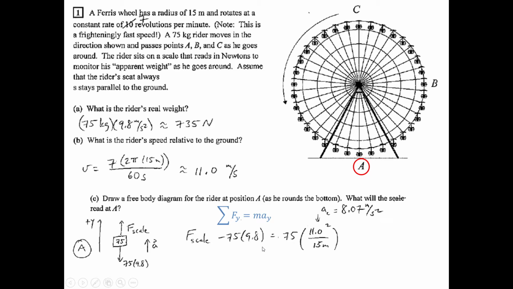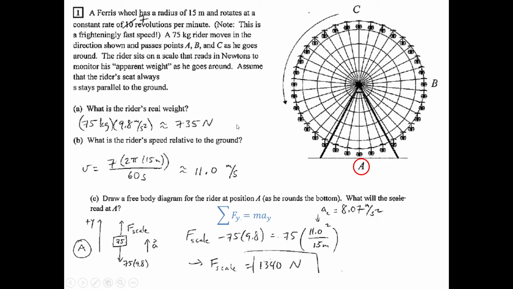So those two are added together, the sum of the force y components, and that's equal to the mass of the object in the free body diagram, 75 kilograms, times v squared over r, which is the magnitude of the acceleration, and that's the y component of the acceleration here: 11 squared over 15. And therefore, I can calculate from this equation, the only unknown is F scale, and it's 1,340 newtons.